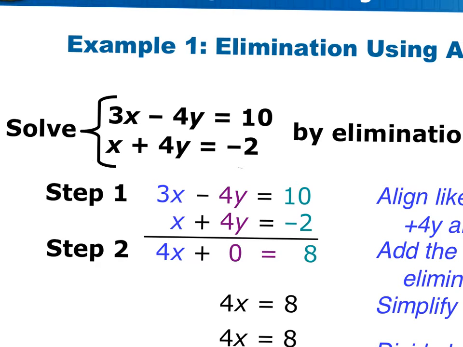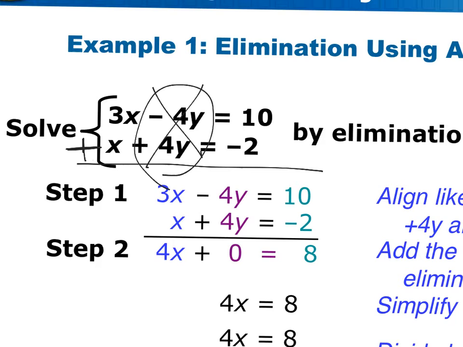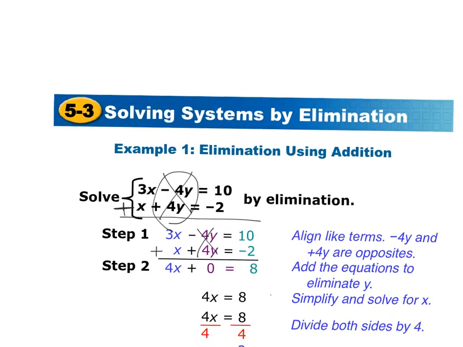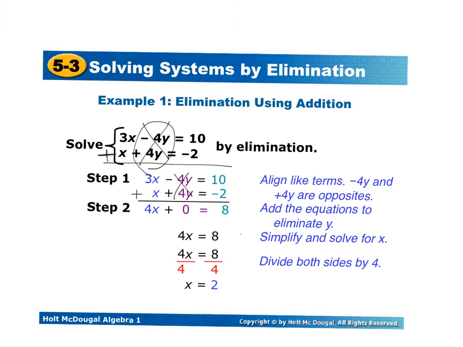So you took your system. Notice the system had the y's that were the same number, opposite sign. When I go to add these two equations, the y's have canceled out. So if you look at the steps, first step is to line everything up.